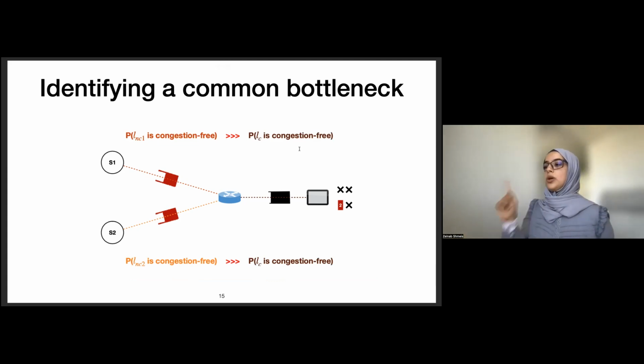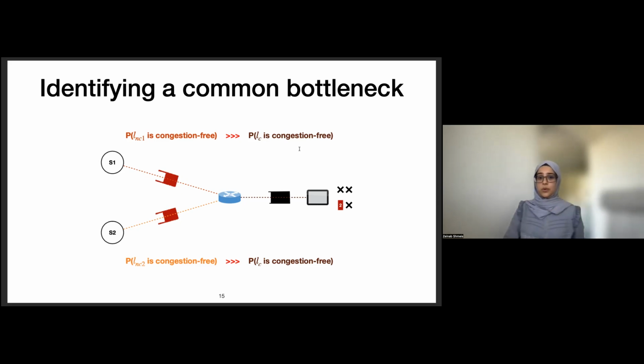So if the probability that the common part is not congested, and I will illustrate later why we're using not congested instead of congested, is less than the probability that the non-common part is not congested, for both paths, that means that the brown part is a common bottleneck. I'm saying nothing but that the common part needs to be less often not congested than the rest of the network.